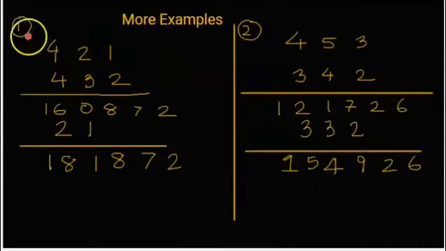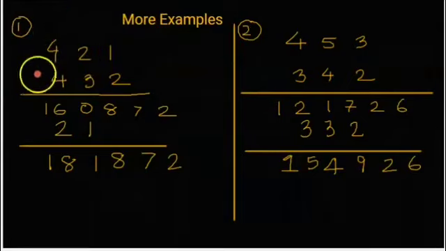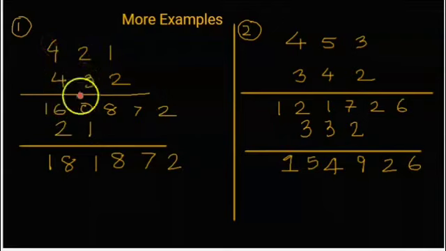So here is example 1, 421 times 432. So we will do 4 times 4, 16, 4 times 2, 8, and 4 times 3, 12, and 12 plus 8, 20, and we will write 20 like this, as you can see, 20.